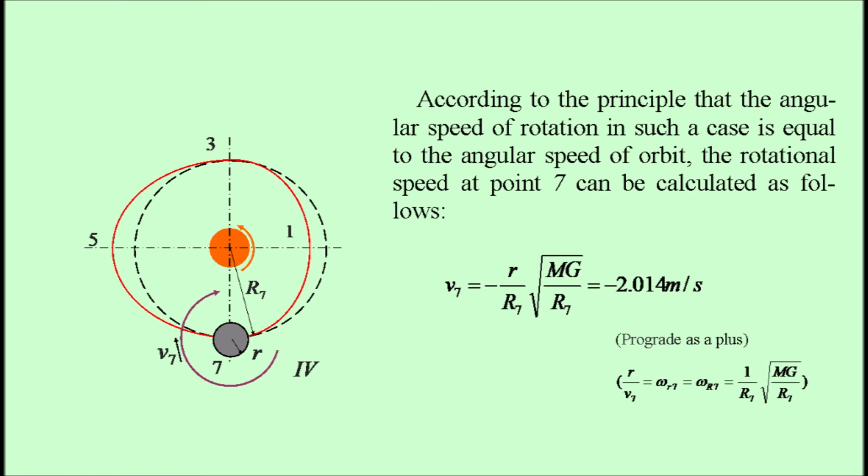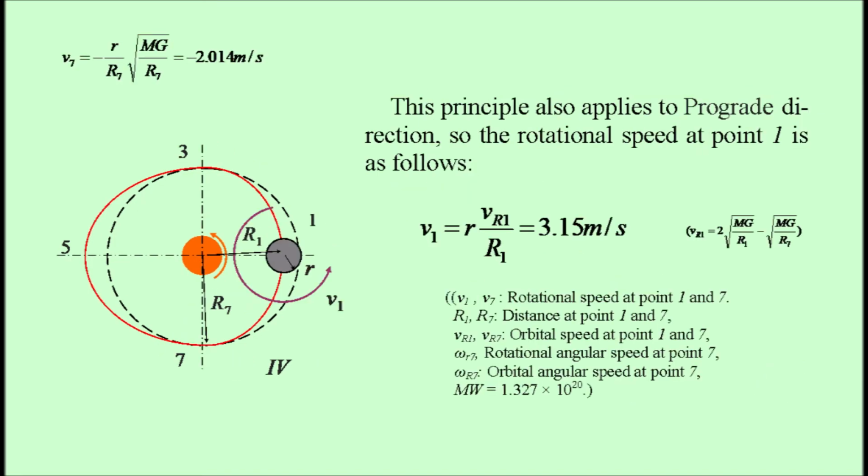According to the principle that the angular velocity of rotation in such a case is equal to the angular speed of orbit, the rotational speed at point 7 can be calculated as follows. This principle also applies to prograde direction, so the rotational speed at point 1 is as follows.